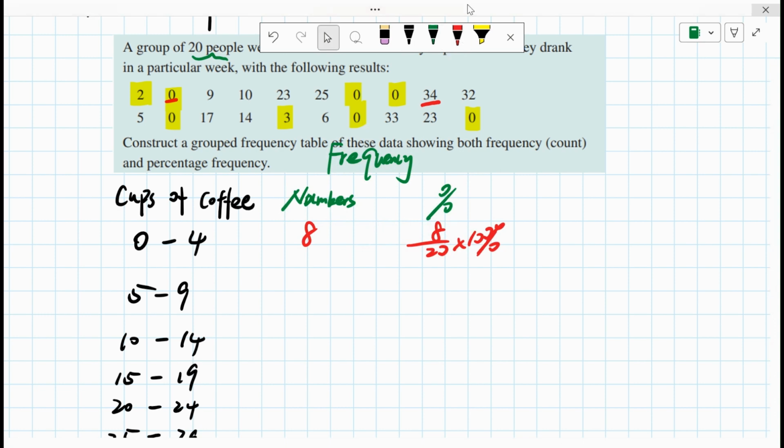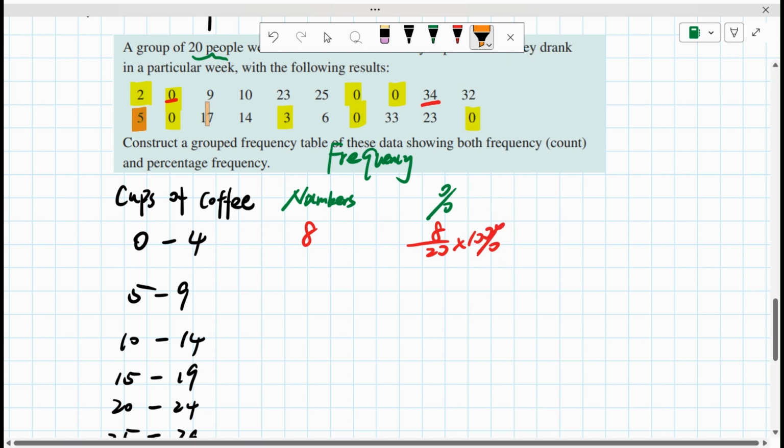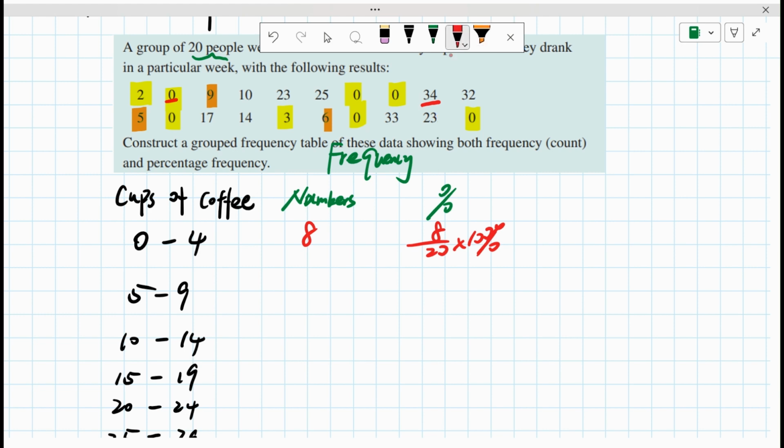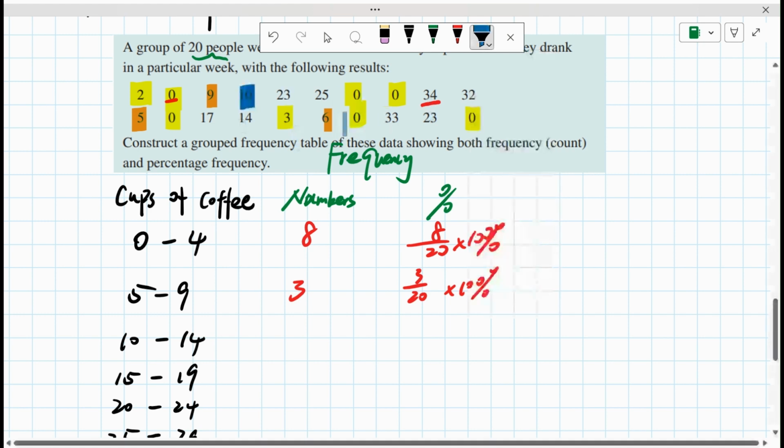Okay, 5 to 9, which we can say is orange: 1, 2, 3. That's only 3, so 3 over 20 times 100. And 10 to 14, we can have the blue one: 1, 2.